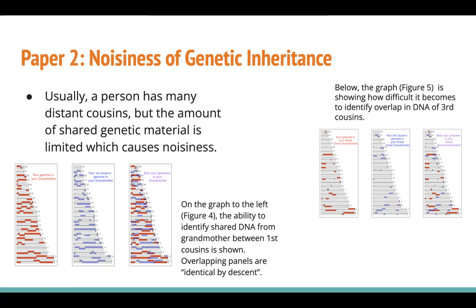And if you compare that to figure 5, which shows the difficulty in finding overlap between third cousins, there's much more overlap that is identical by descent in first cousins than there are in third cousins.